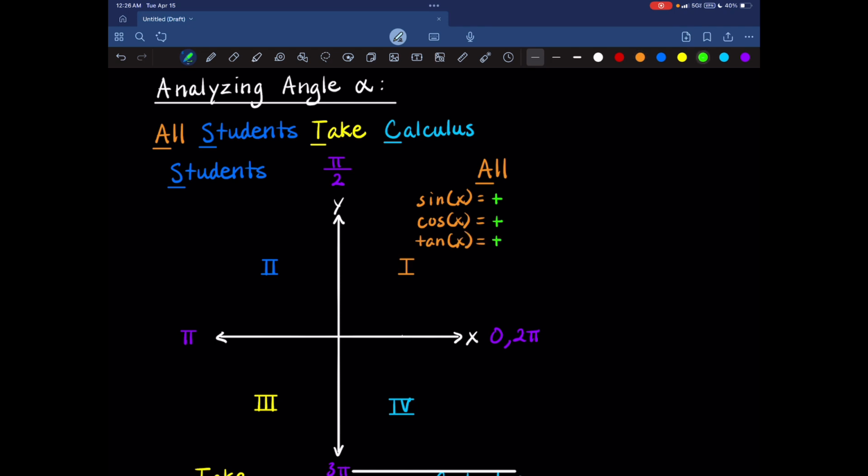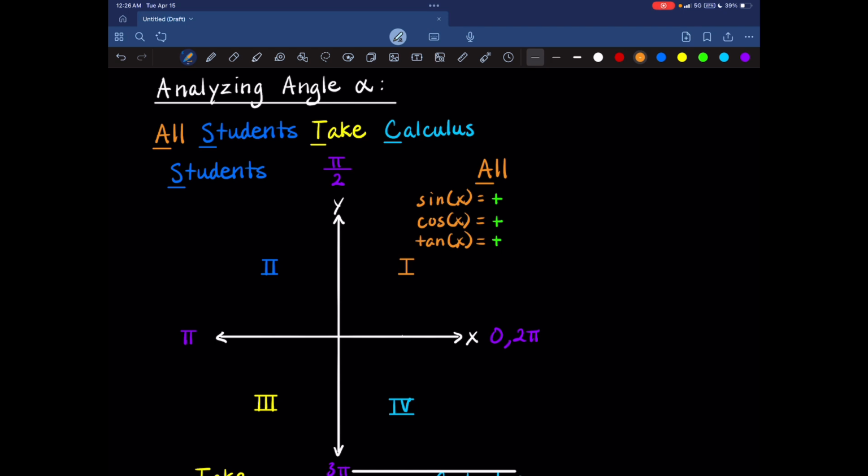Okay, cool. And you can also figure out the sign of their reciprocal counterparts this way. So because cosecant of x, secant of x, and cotangent of x are just the reciprocals of sine of x, cosine of x, and tangent of x, they carry over the same sign, basically. So positive 1 divided by a positive will give you a positive. So for all of these, their reciprocals will be positive as well.